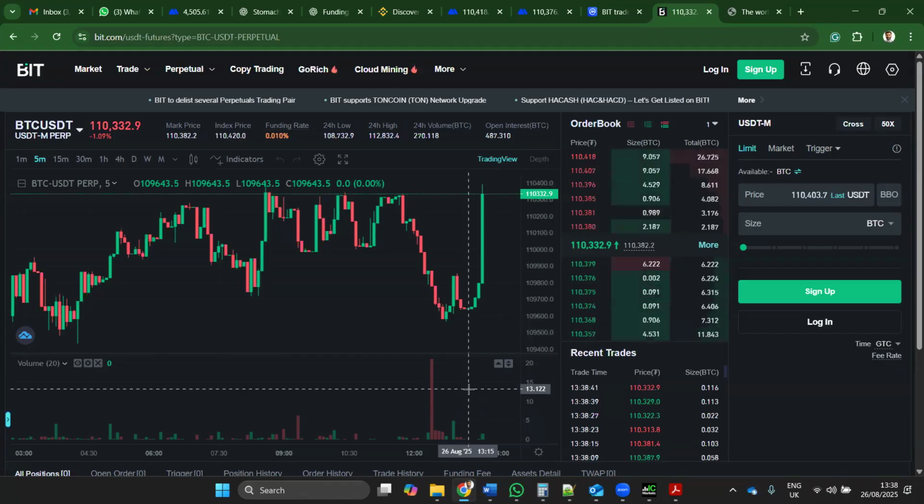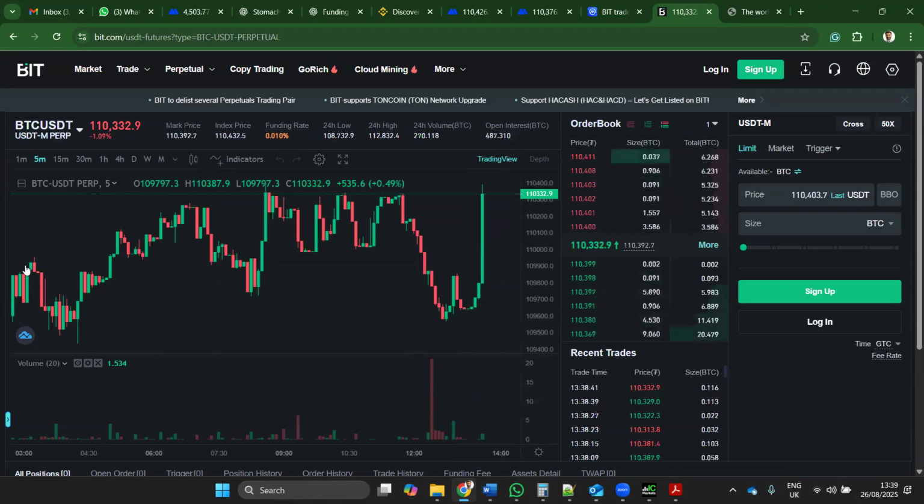Now we can do quite a few things. Predict the price based on the movement in the stocks because they are correlated. The prices are different, but they are correlated. As you can see, the price has gone up to 332 now on this perpetual. That's on the Bit.